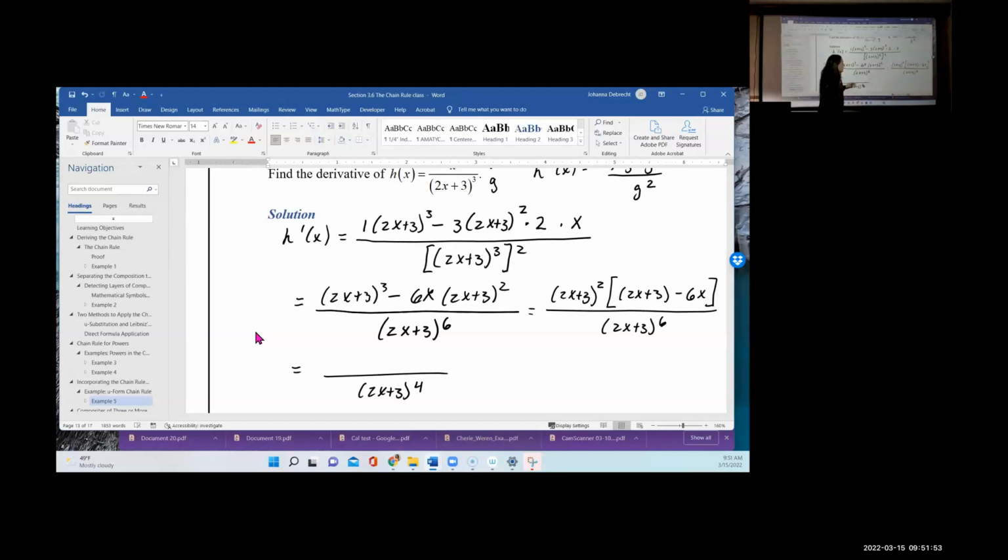The numerator leaves me with the 2x + 3 minus 6x, and I don't have a power on the 2x + 3 other than 1, so I can drop the parentheses. 2x minus 6x gives me a minus 4x. So I have minus 4x plus 3. And this is my final answer right there.